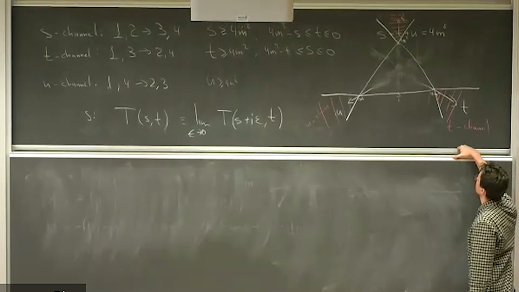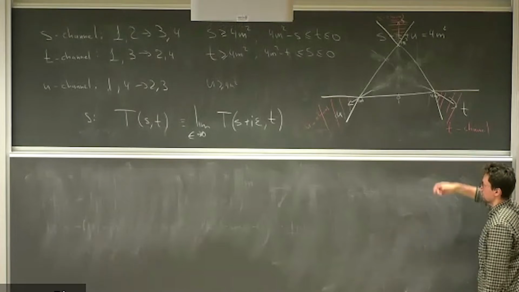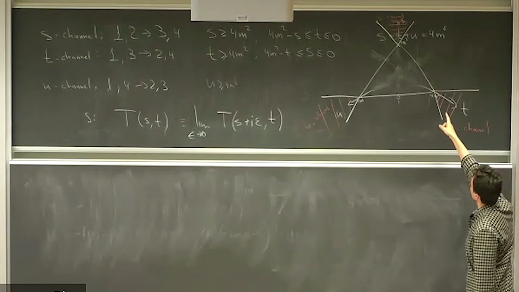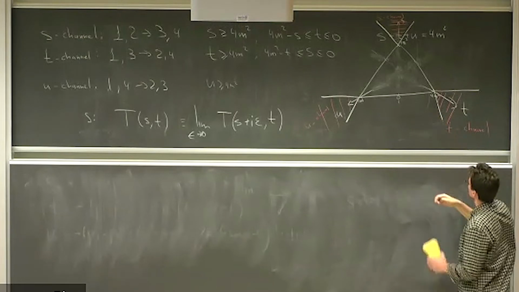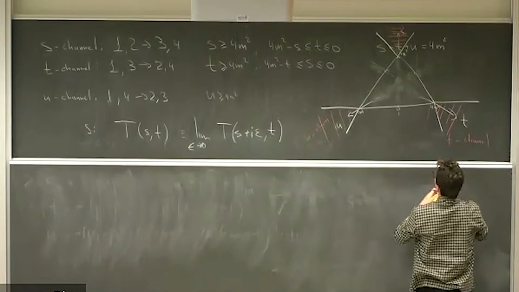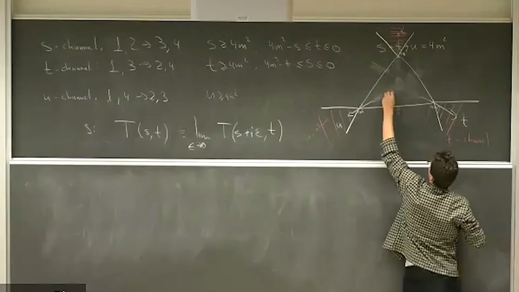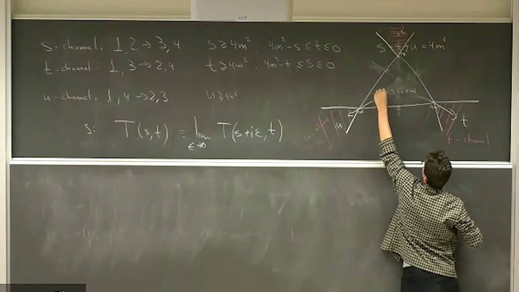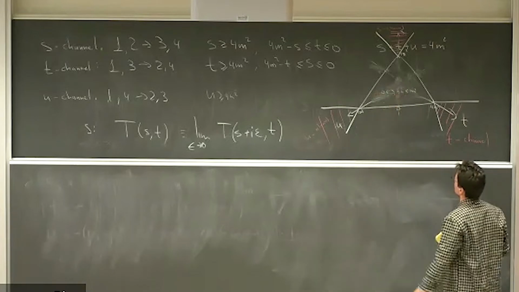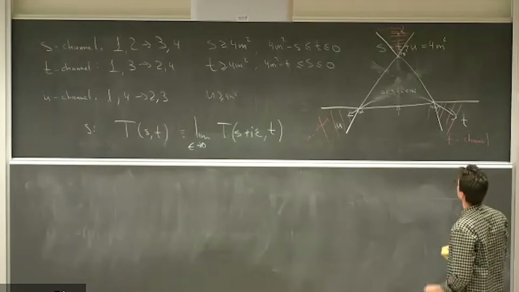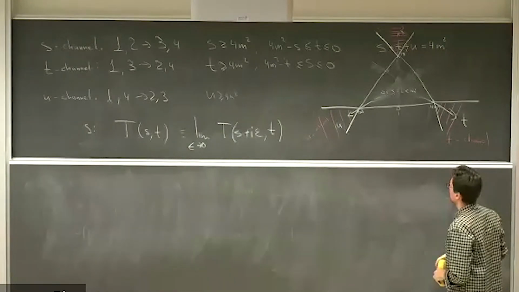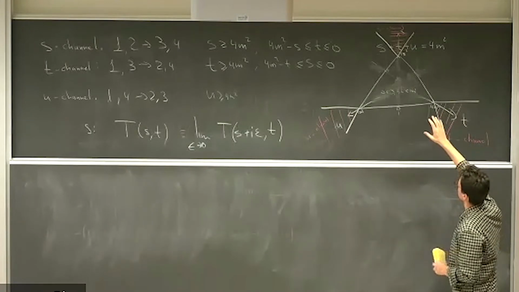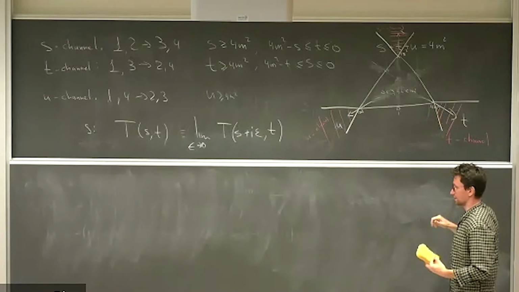For example, one fact, at least for scattering of identical particles, is that inside this triangle, here, S, T, U between 4m squared and 0, you see this triangle does not correspond to anything physical, but it is a known fact that the amplitude is real inside this triangle.